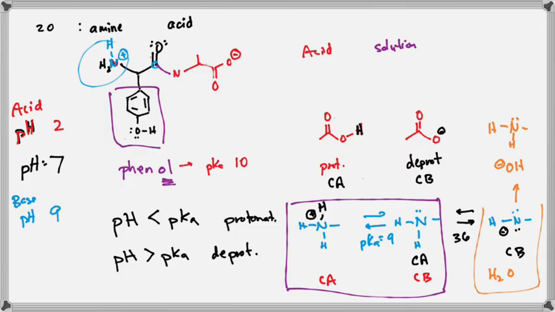The vast majority of our functional groups that we deal with start in their acid form, so you don't have to stress about those. Phenol, carboxylic acids, alcohols. All of those start in their protonated state. The one that does not is the nitrogen. The nitrogen, since it acts as a base primarily, starts in its deprotonated state.